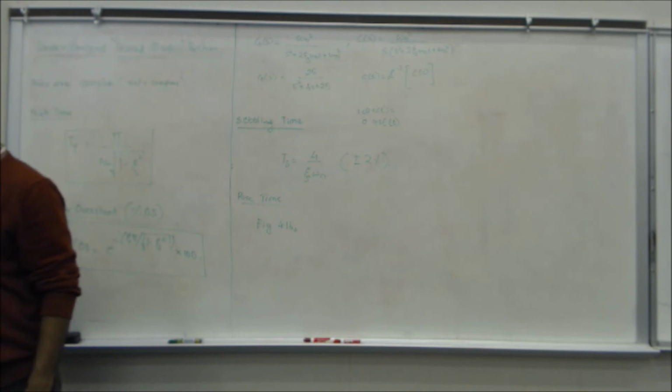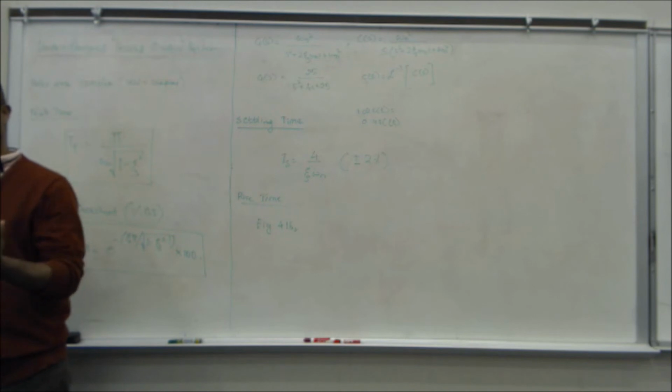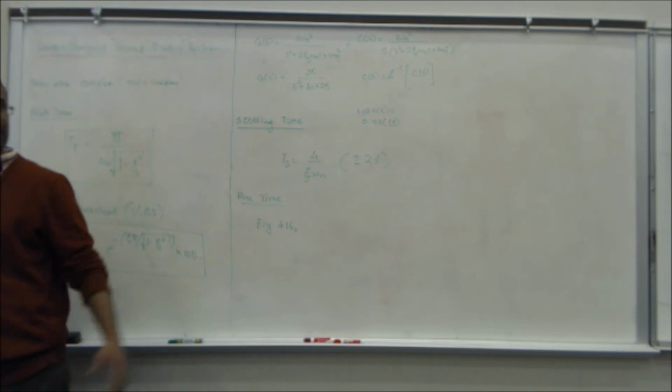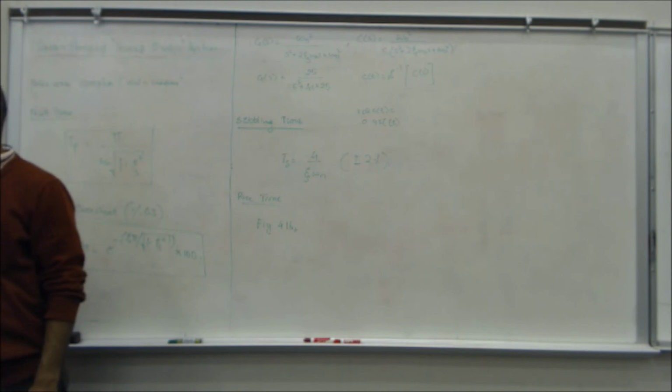So rise time, it starts about 0.1. You see the 0.1 here? Almost. 0.1 to 0.9. The time taken for the system to rise from 0.1 of the final response to 0.9 of the final response. I just told you this thing. Okay? So you can do this.